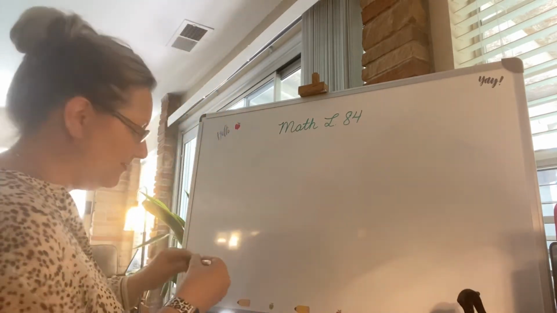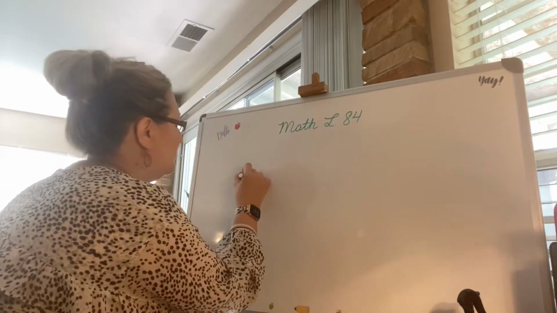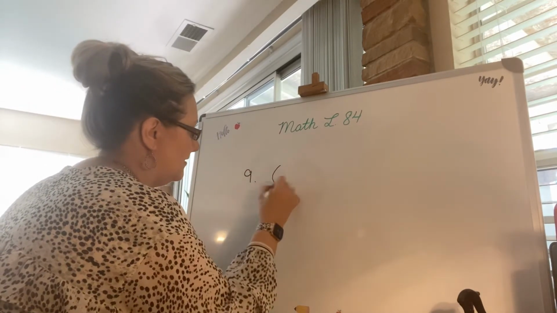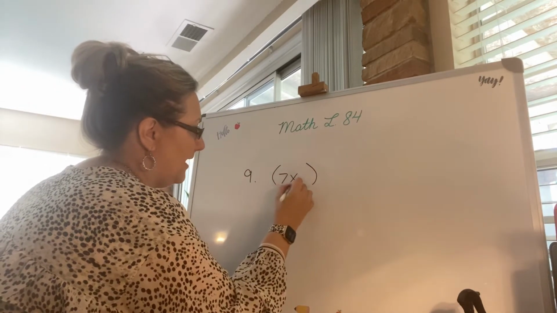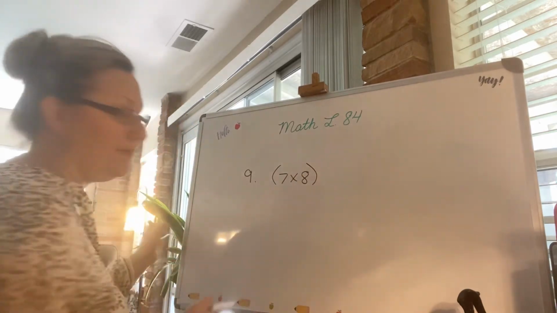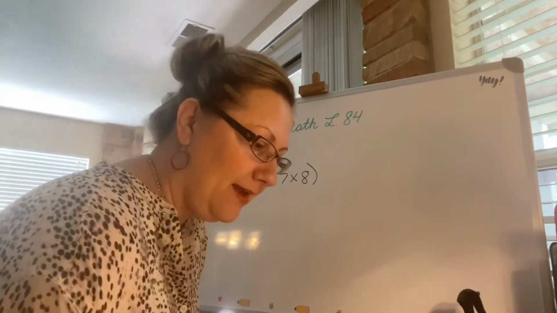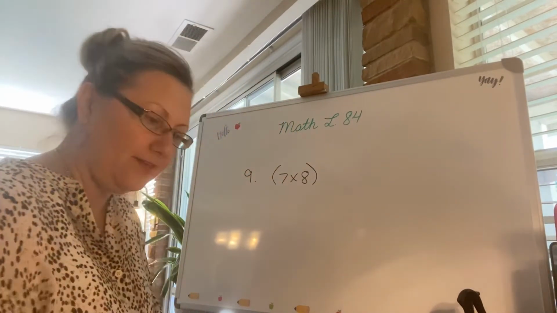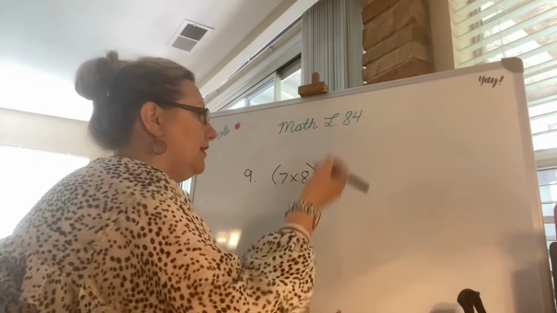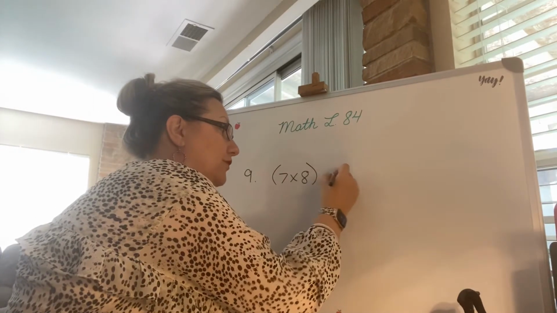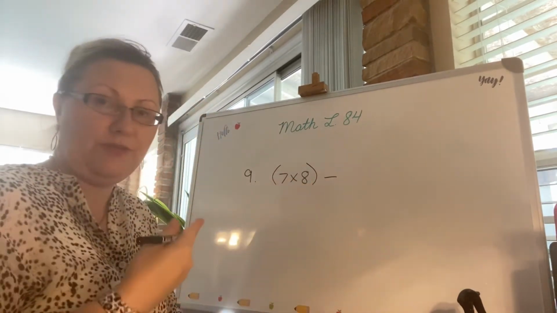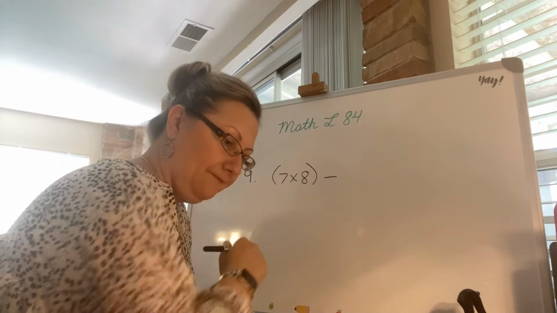So the product of 7 and 8, we can start it off just like this. 7 times 8. I'm grouping that together because it wanted the product of these two numbers. And then it said is how much greater than the sum of 7 and 8. So because it asks for greater, how much greater is this, I'm going to put that subtraction sign, like I said.